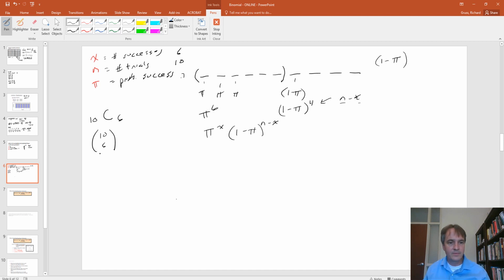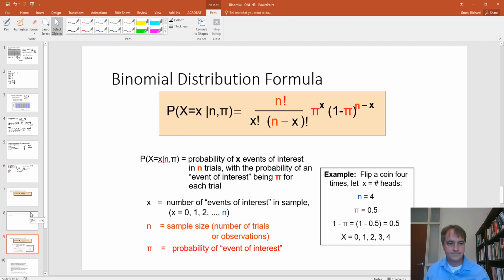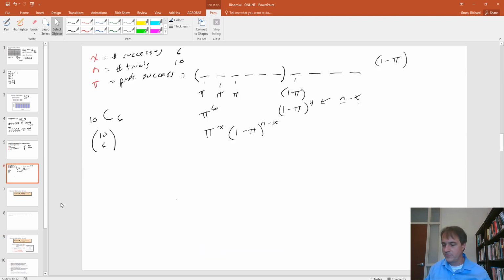And remember the formula for this, this is a combination. The formula for the combination was n factorial divided by x factorial times n minus x factorial. Okay, so we've been through that one before.